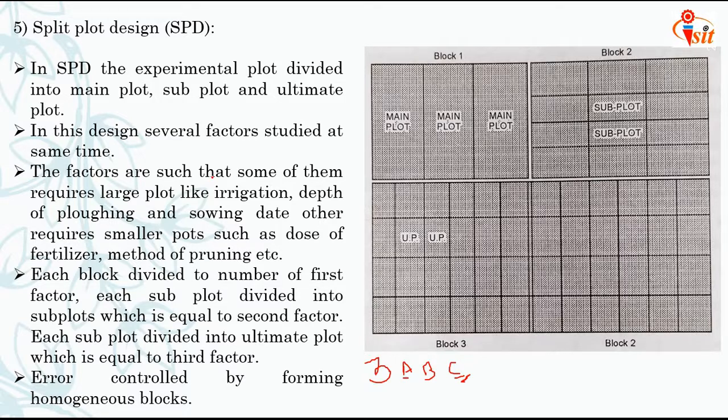Each main plot is divided into subplots by the second factor, equal to the number of the second factor, and each subplot is divided into ultimate plots, equal to the third factor. So the number of ultimate plots is always equal to the number of the third factor, the number of subplots is equal to the number of the second factor, and the number of main plots is equal to the number of the first factor. So this is about the split plot design.